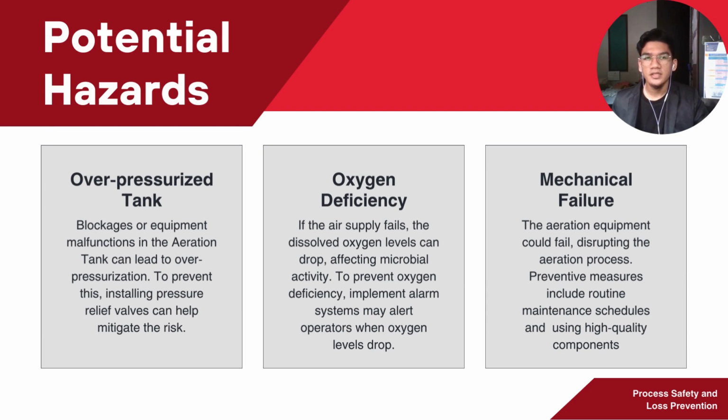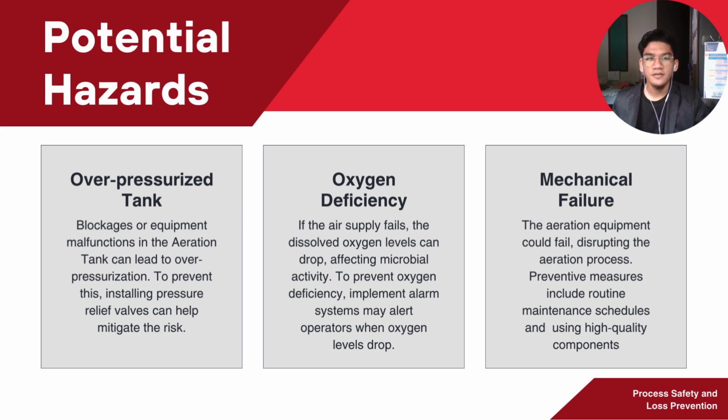There are other potential hazards that can happen during the operation of the aeration tank. First, overpressurized tank. Blockages or equipment malfunctions in the aeration tank can lead to overpressurization. To prevent this, installing pressure relief valves can help mitigate the risk. Next, oxygen deficiency.